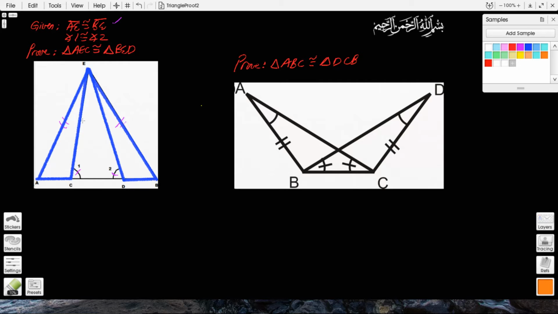So how are we going to prove these? As I said before, we don't have a whole lot of armamentarium in trying to prove triangles congruent. These are not right triangles, so we're left with side, side, side; side, angle, side; angle, side, angle; and angle, angle, side.